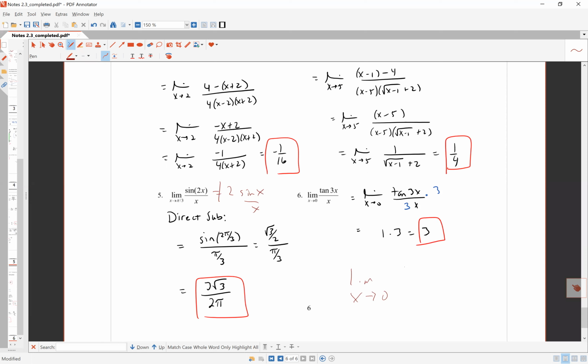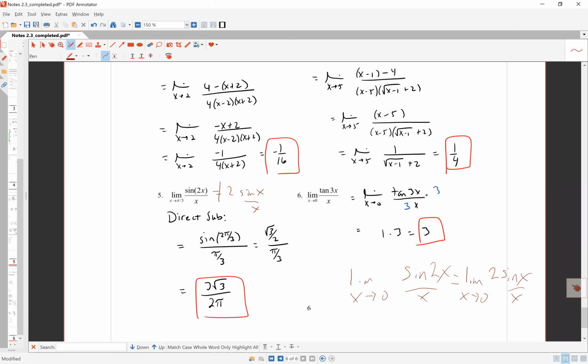But let's say you're doing sine of 2x over x. What a lot of students will try to do is say this is equal to the limit as x goes to 0, and they're going to just directly pull out that 2. And we know that the limit of sine of x over x as x goes to 0 is 1.